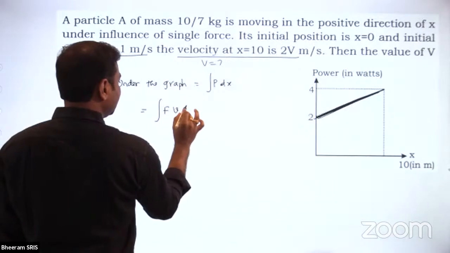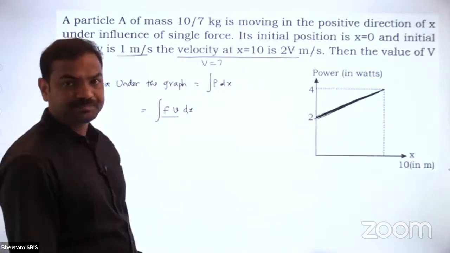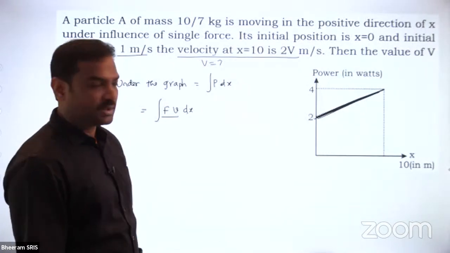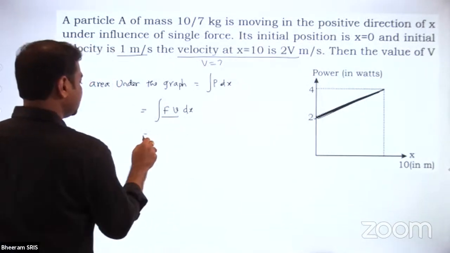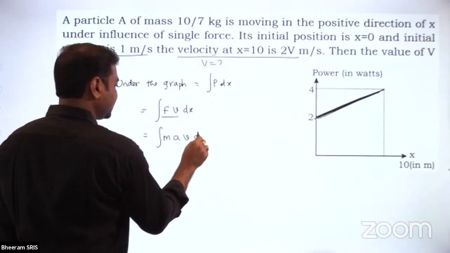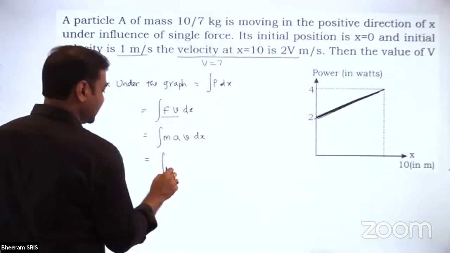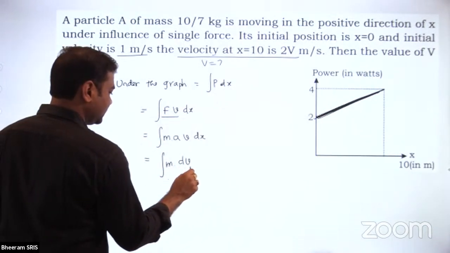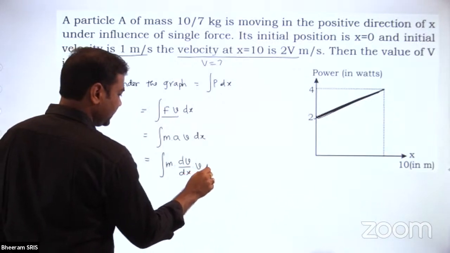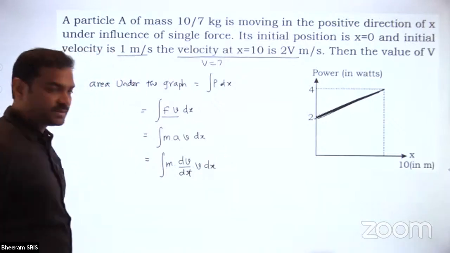I can write down f into v, power, moving in a straight line, so cos 0. So f into v is the power. Then integral m into, I can write down a into v dx. So integral m into a value, I can write down dv by dt, into v into dx.